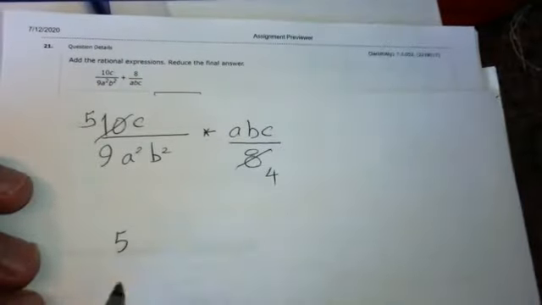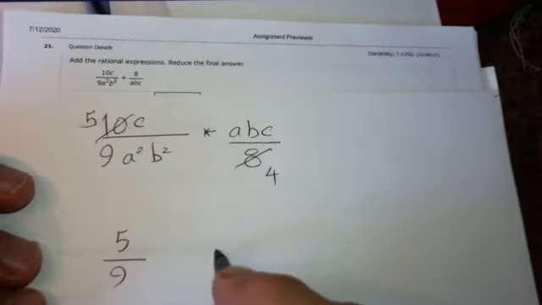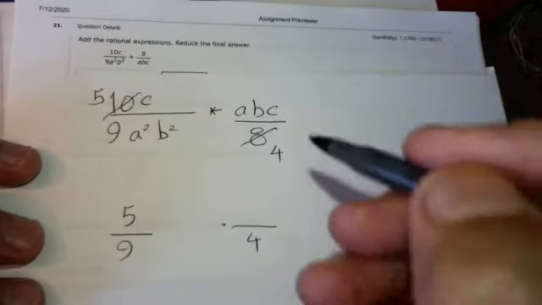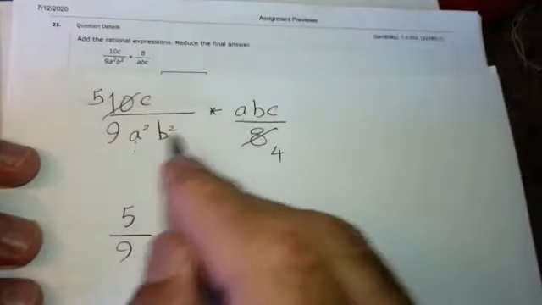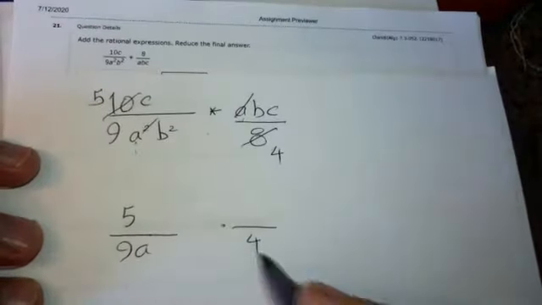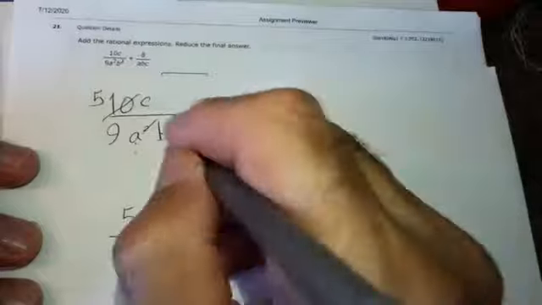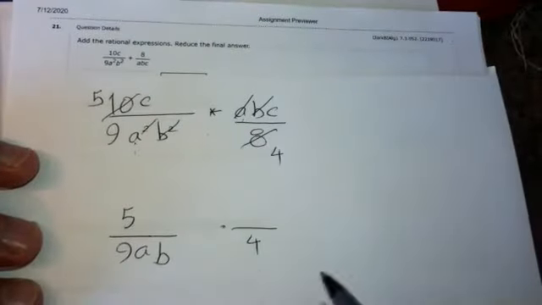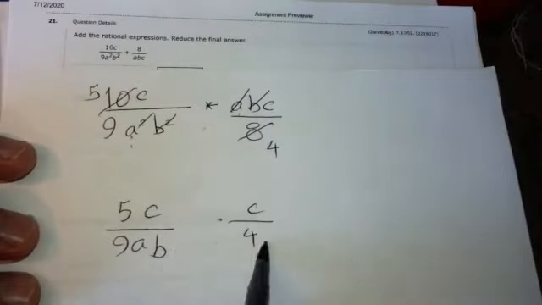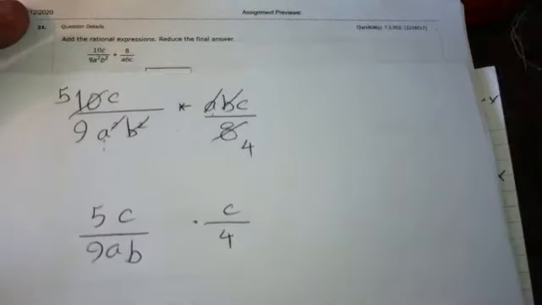So far as the number, I have this. A2 and A, 1A cancel. B and B2, 1B. There is no C at the bottom, okay?